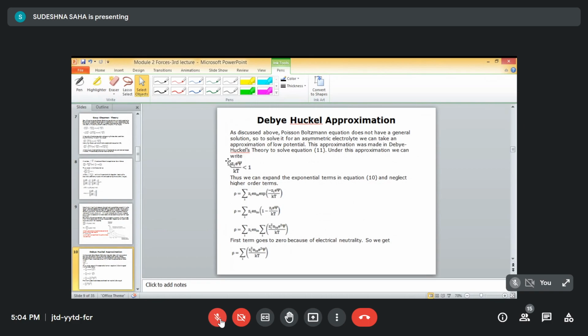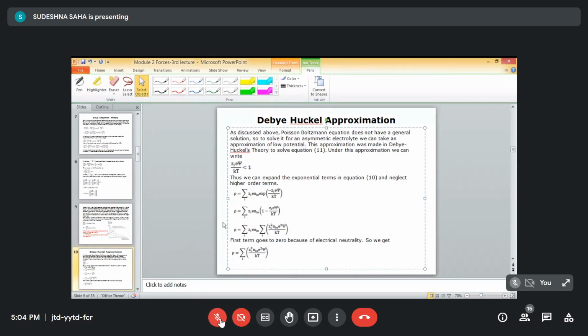So they have written that ZiE psi divided by KT is much smaller than 1, and thus we can basically expand the exponential term in that general electrostatic equation, where charge density will be equals to summation of ZiE Ni naught exponential minus ZiE psi divided by KT, and that we can further write in this form.